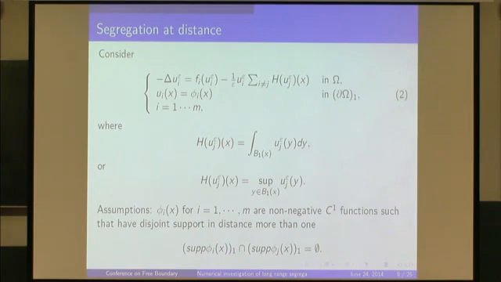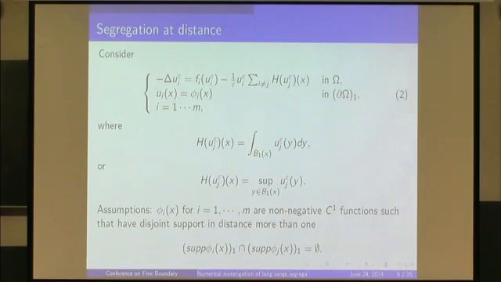Okay, so mathematically I have this system, and instead of the term ui times the summation of uj, here I have h of uj, a non-local term, where h is given either by the integral of uj over the ball centered at x, or the supremum of uj on this ball, or it can be a square here to have a variational form.